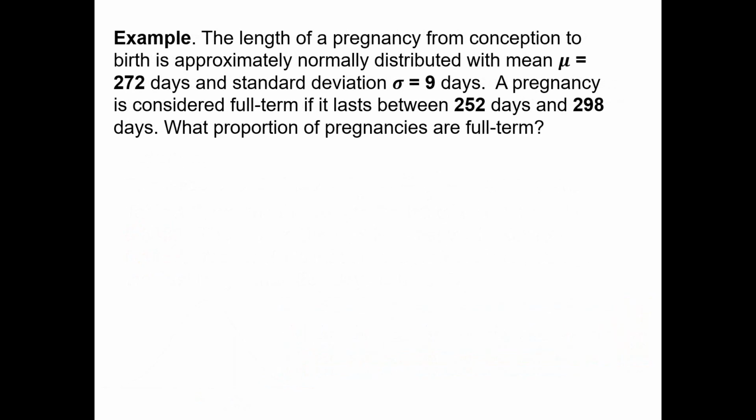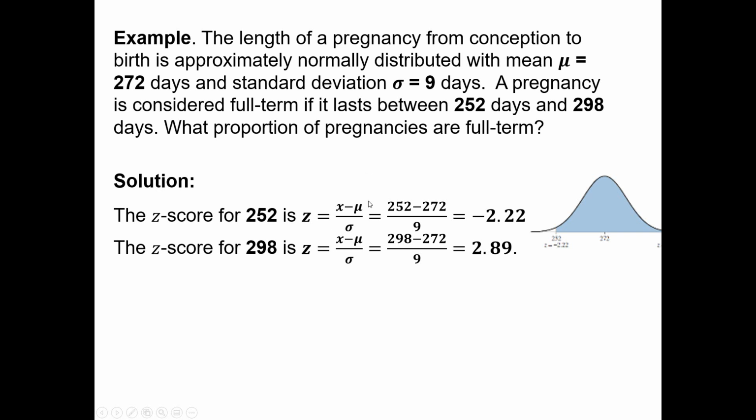And then our last problem, between 252 days and 298 days, find the z-scores of both of them. The z-score for 252 is negative 2.22, and the z-score for 298 is 2.89. And remember, this is our x, our mu stays the same, our sigma stays the same.